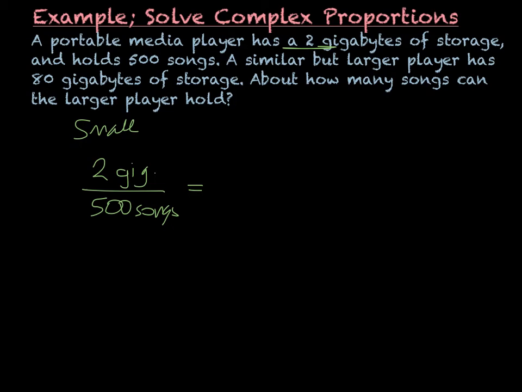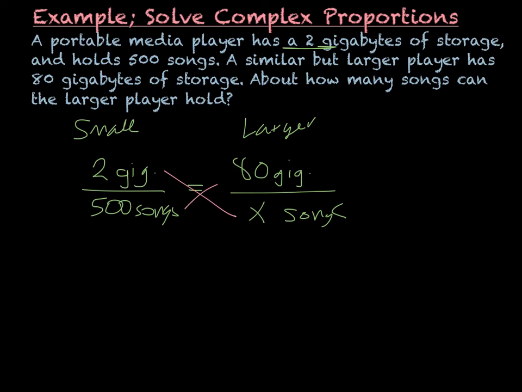And this is going to be pretty much the same as the larger, which has 80 gig. But we don't know how many songs. X number of songs. So we solve this by doing cross multiplication.